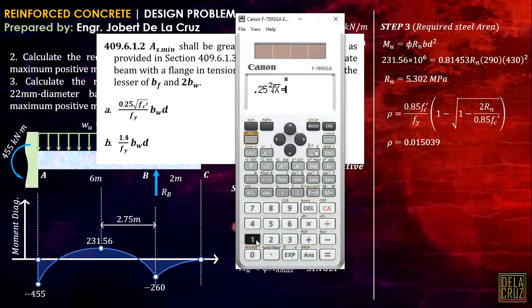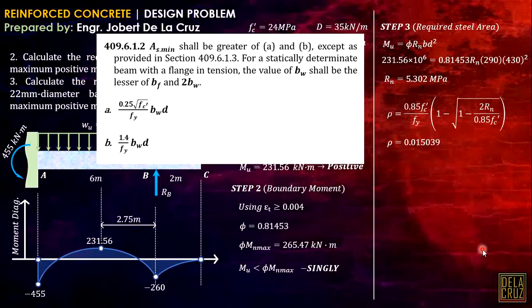So that will be 1.4. Tatanggalin na lang natin yung fy since maka-cancel out man lang sila. Okay, then if we do shift solve, ayun, lalabas 31.36. Okay, ito yung limitation natin sa f'c. Okay? Okay, so since our f'c is lesser than 31.36, diretso na tayo gagamitin ito as the rho minimum. Okay, so that one, 1.4 over fy, and that is that value.